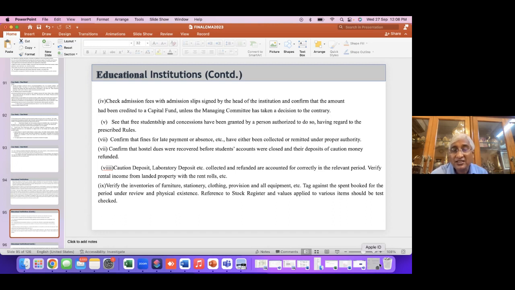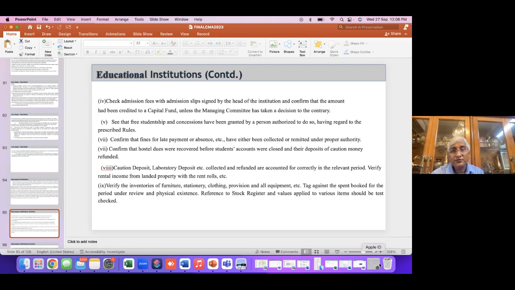So the answer is that there should be proper documentation and approval from the head of the institution, that look, we are condoning the students and their fees will be paid by the college before sending up for the university examination. So that's fine. That sort of recording should be there, so that any deviation from the practice, from the AICTE rules or from the university rules, can be marked, and for those deviations, the appropriate authority level approval exists.